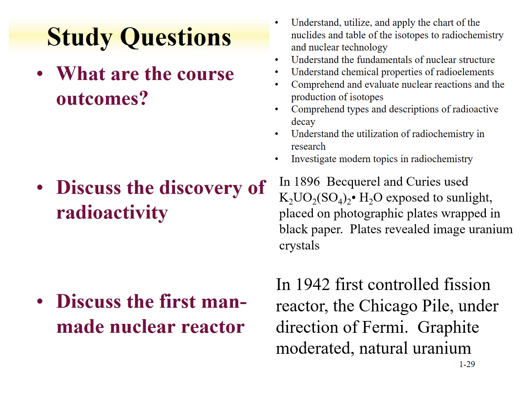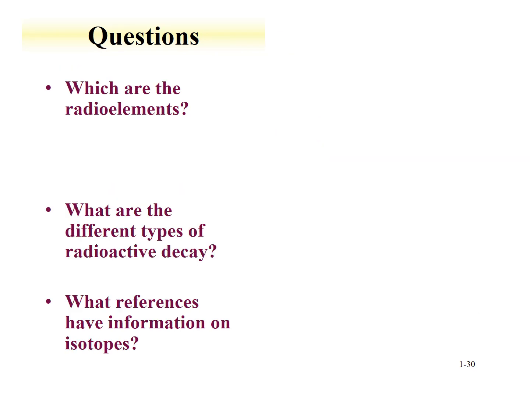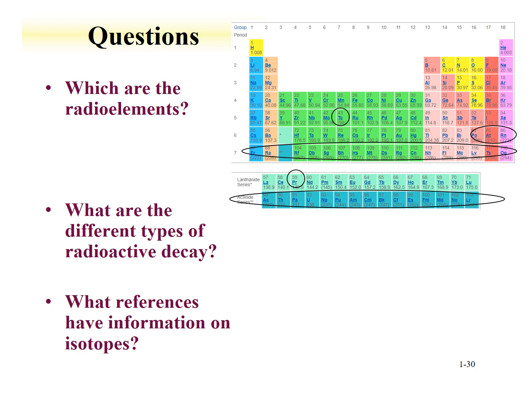It was a graphite moderate natural uranium reactor. We'll describe how the moderators, either water, deuterium, or graphite, influence the behavior of neutrons in a reactor. You should be able to identify the radioelements, and are shown here an example of those elements which are only available in radioactive flavors.